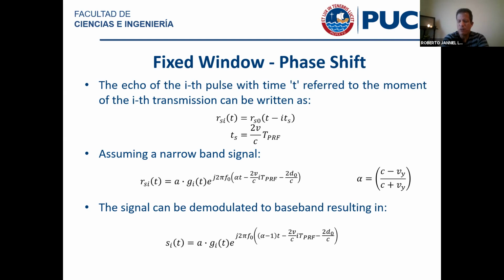So if we assume a narrowband signal, and there are many things that carry on with that, that basically means that we are going to have a g_i(t), which is an amplitude modulation term, and we're going to have an e to the j 2 pi f naught, and so on, meaning I'm going to have a frequency modulation happening at a given frequency.